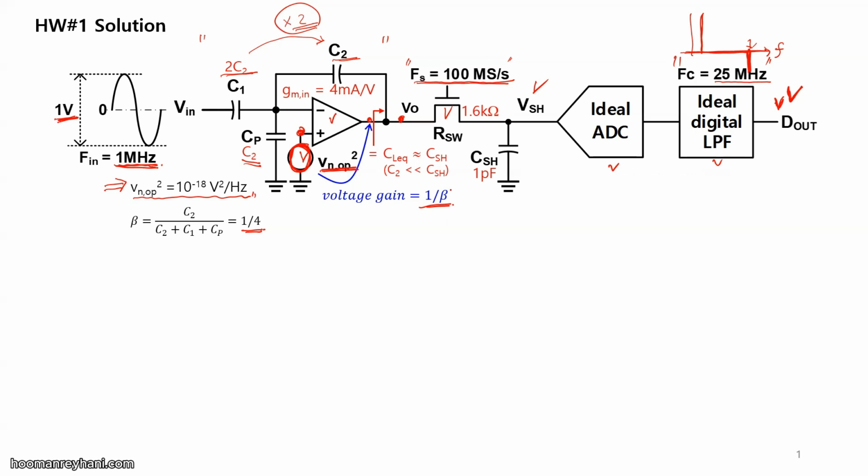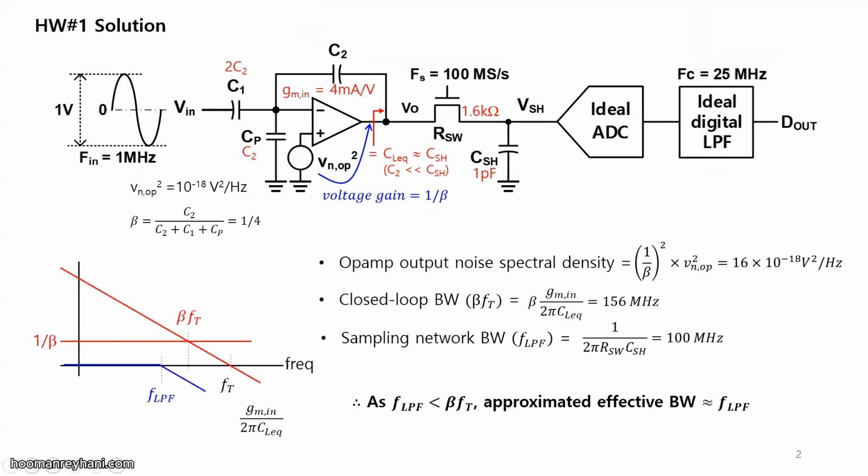So power spectral density of this guy will be amplified by 16 times at this point, right? So the output noise power spectral density here will be 16 times the given value, so the power spectral density will be amplified by this much.